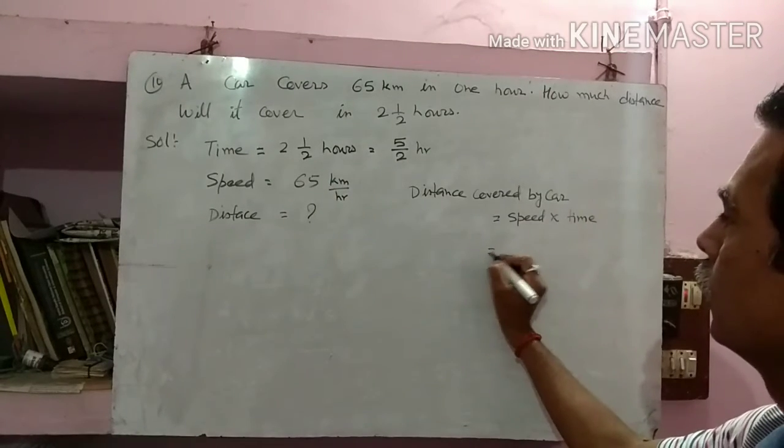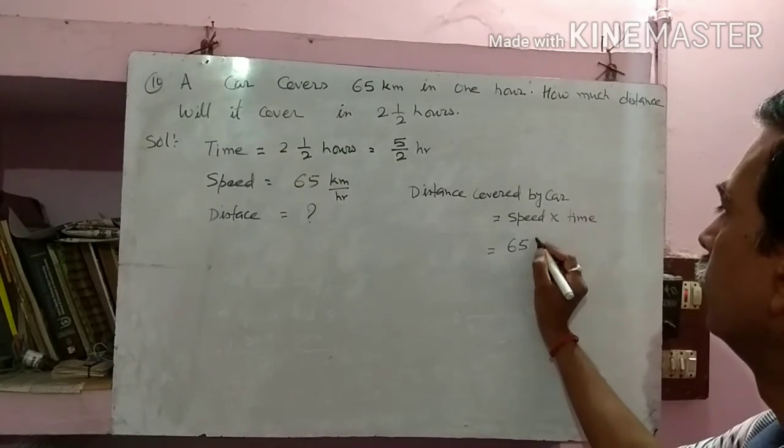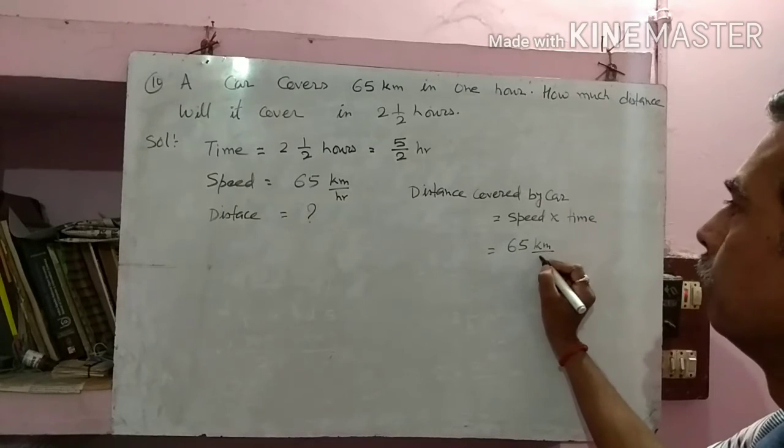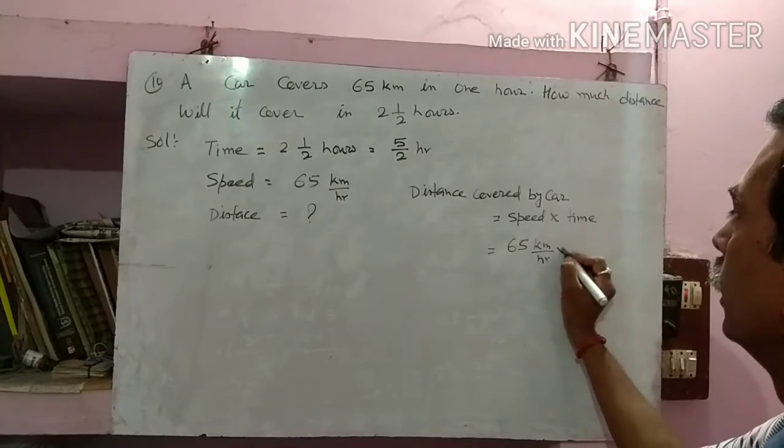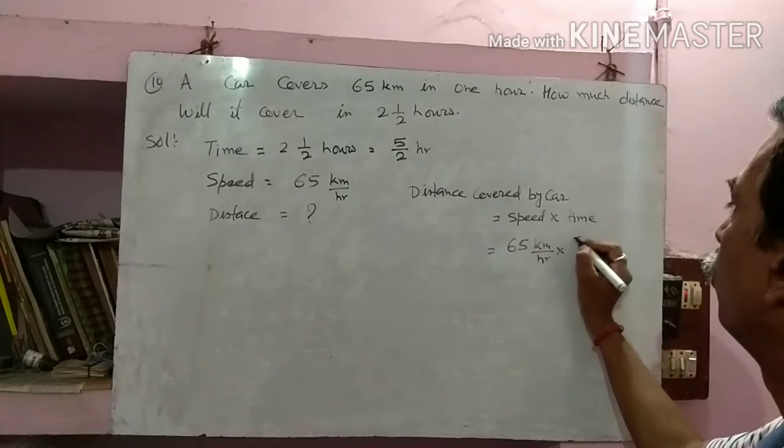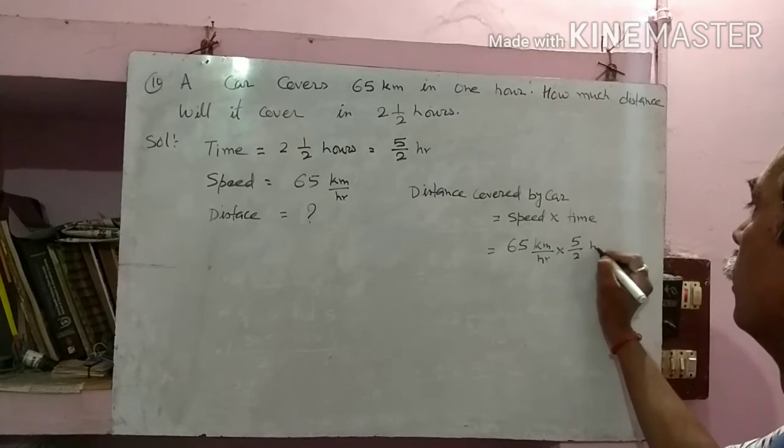Speed is given what? 65 kilometer per hour into time is given 5 by 2 hour.